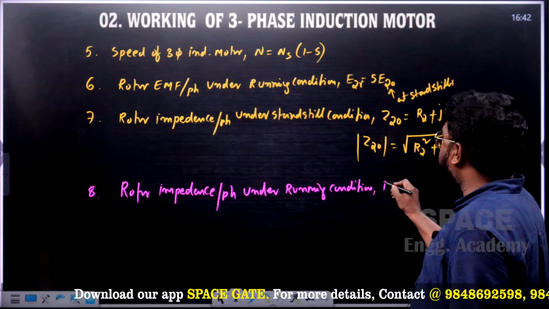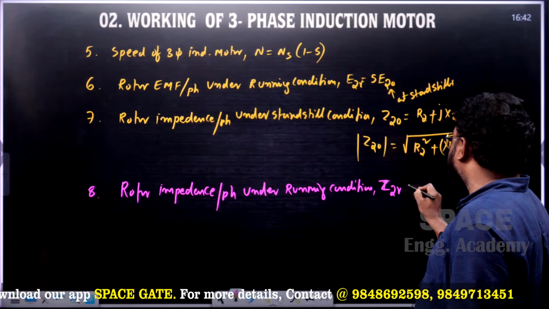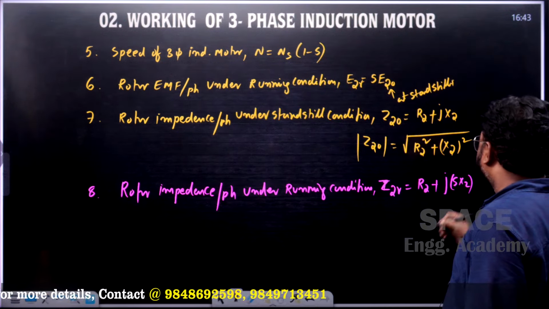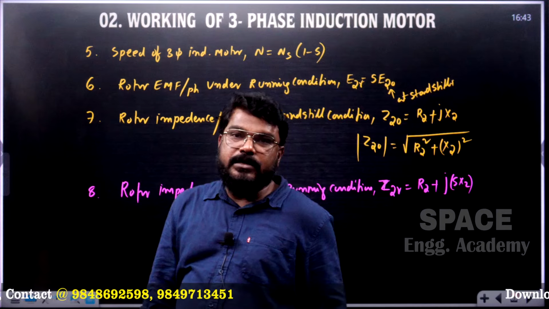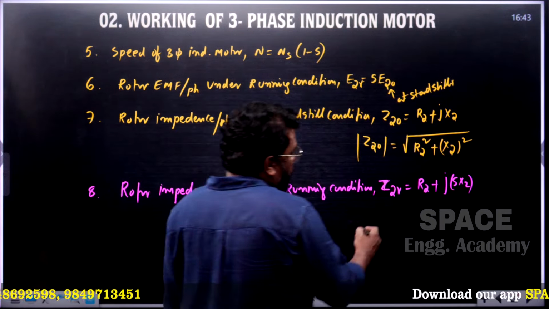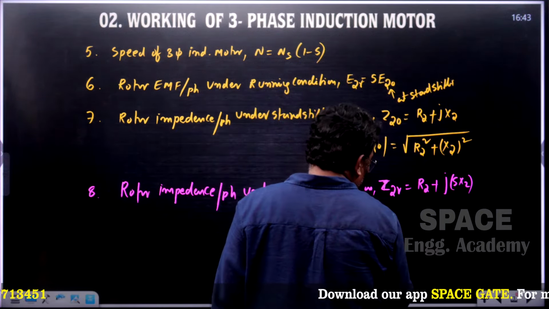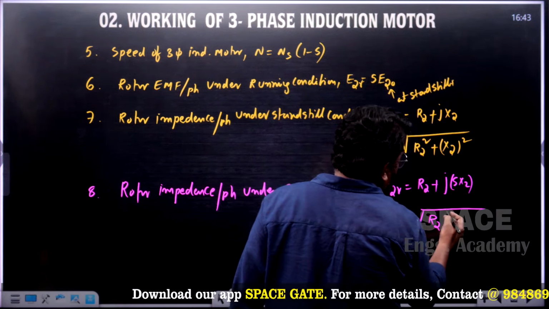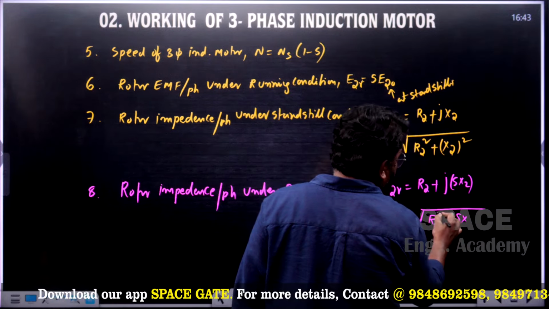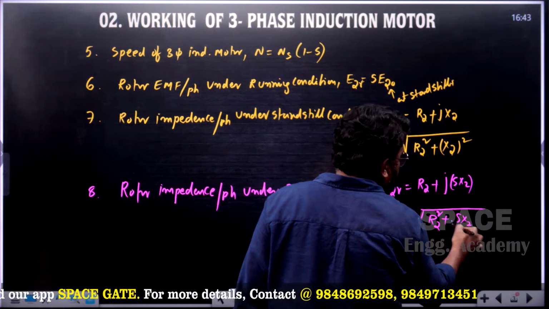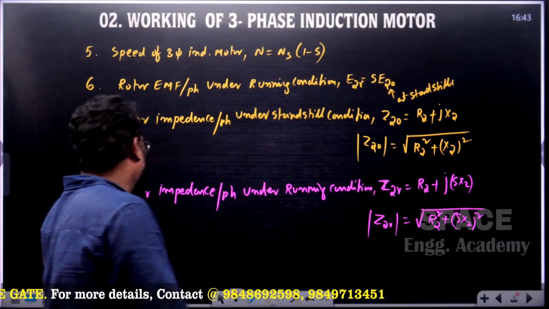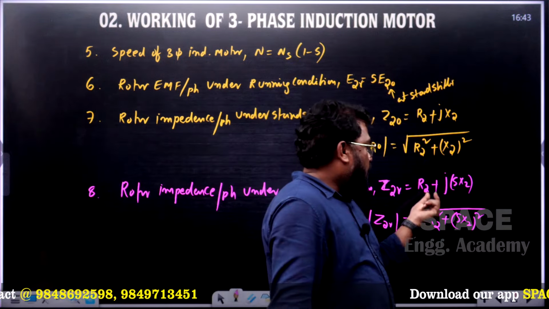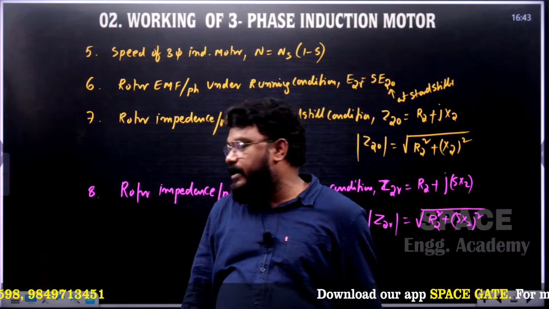That is Z2R, and Z2R is equal to R2 plus jSX2. If you want to calculate the magnitude of this impedance, it is the square root of R2 squared plus (SX2) squared. So that is the rotor impedance per phase under running condition.